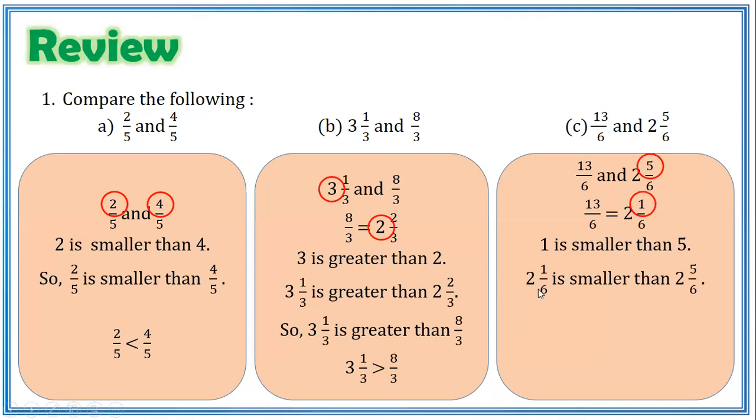So we can say that 2 and 1 out of 6 is smaller than 2 and 5 out of 6. Therefore, 13 out of 6 is smaller than 2 and 5 out of 6. Very good. So in symbol, we write like this.